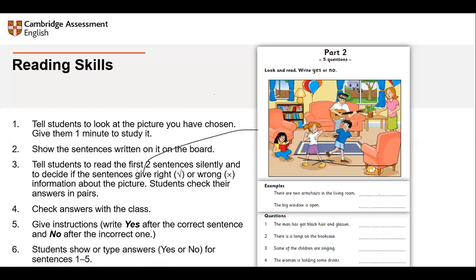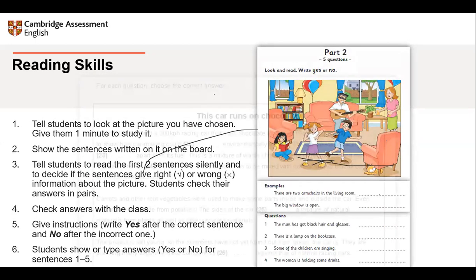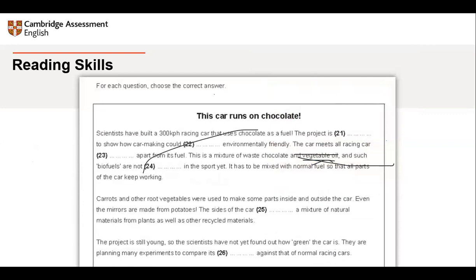So lastly, students could show or they could type the answers. They could show the answers on a piece of paper in the camera, or they could send the answers to you, or they could type the answers, or you might wish to ask students to shout out the answers if you have them with microphones, right?